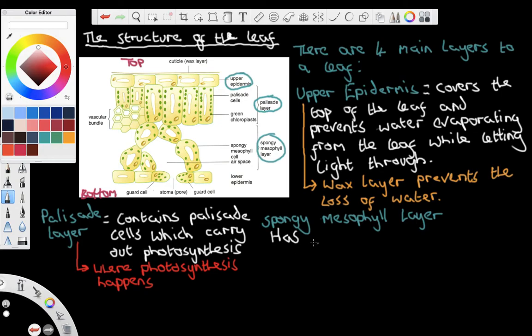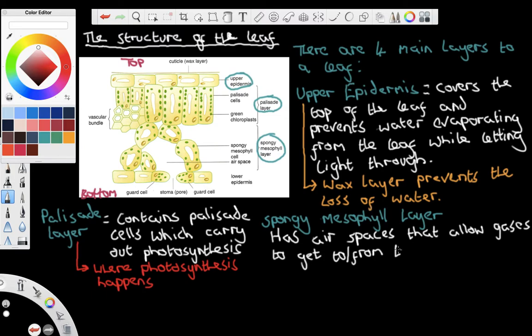So if this is where photosynthesis happens, gases such as CO2 need to move through the gaps so that they can get to this palisade layer.